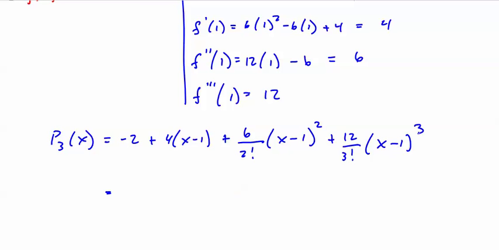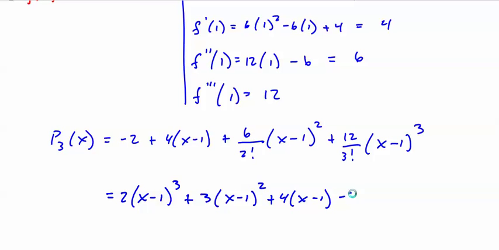So let's put the big stuff up front. That would be 2 times x minus 1 to the third plus 3 times x minus 1 squared plus 4 times x minus 1 minus 2. So it agrees with the original function at every value of x, but it's written in powers of x minus 1.